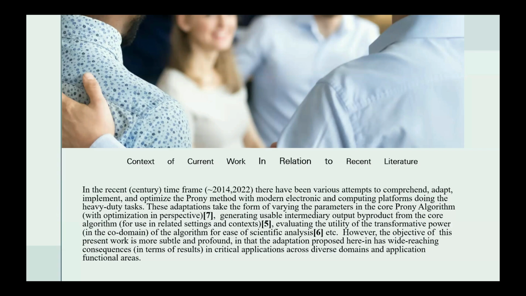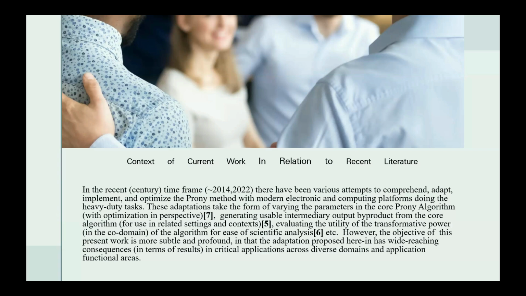These adaptations take the form of varying the parameters in the core Prony algorithm. There is literary work that points to that, and I put that in the references. This is done with optimization in perspective, so vary the core parameters and get an optimized computation.